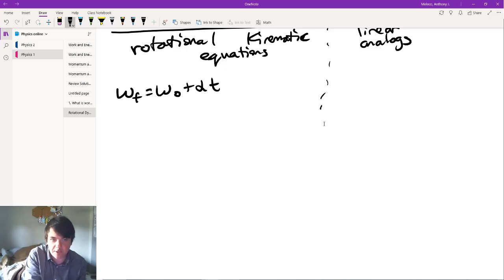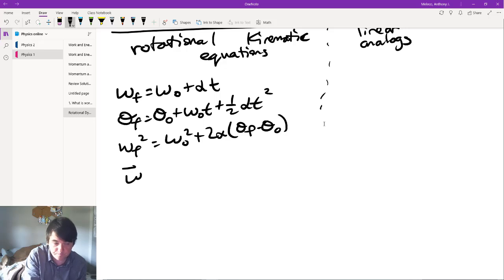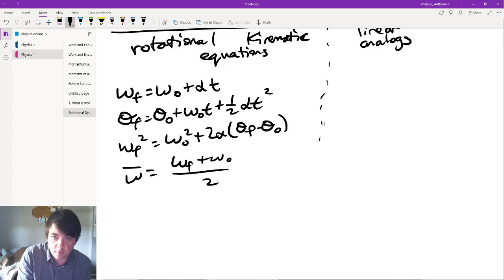They definitely will after I write out the linear ones. For completeness, I'll write the average, using a bar for average instead of the vector.